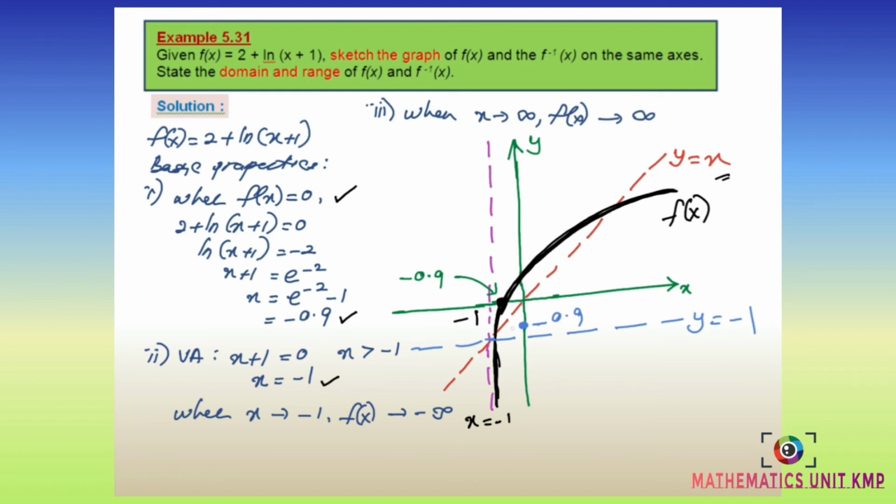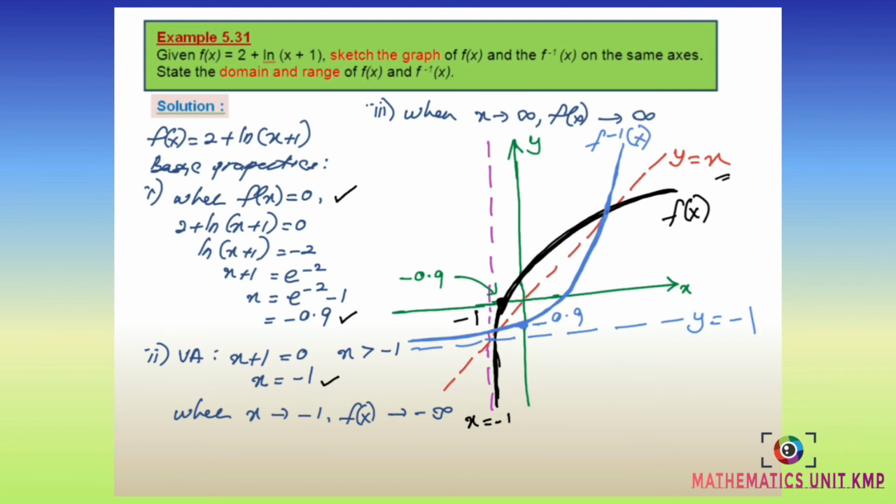And the graph approaches the horizontal asymptote at negative 1. And when x approaches infinity, f inverse approaches positive infinity. And here is the graph f inverse.